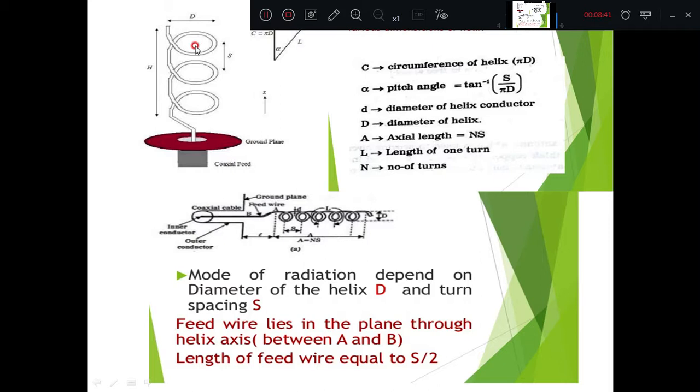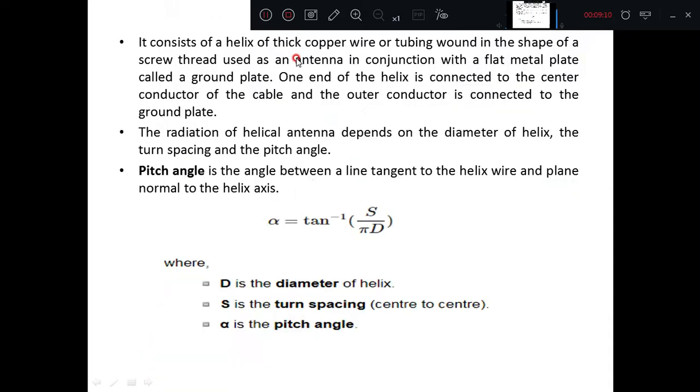If you take C as the circumference and L as the length of the turn, the angle between the circumference C and L is known as the pitch angle. So tan alpha is equal to what? Opposite divided by adjacent.